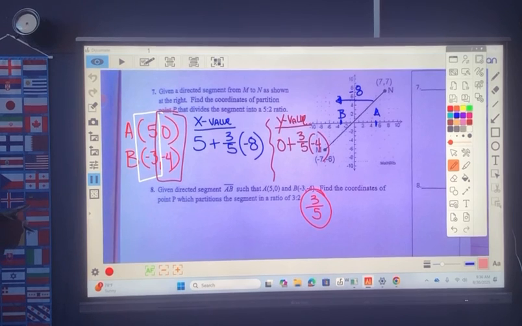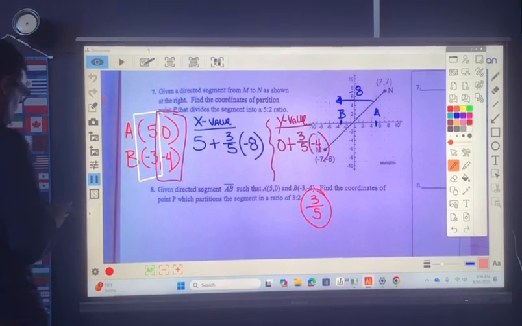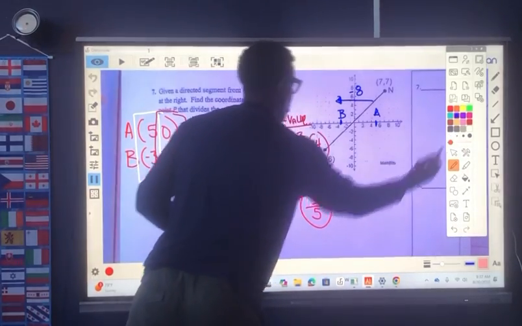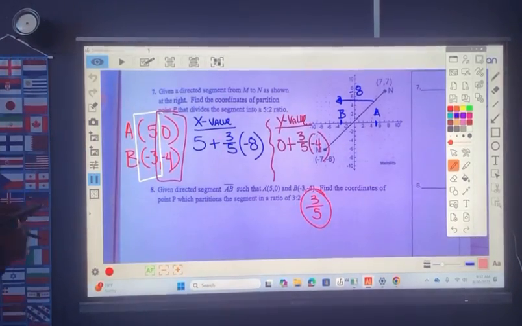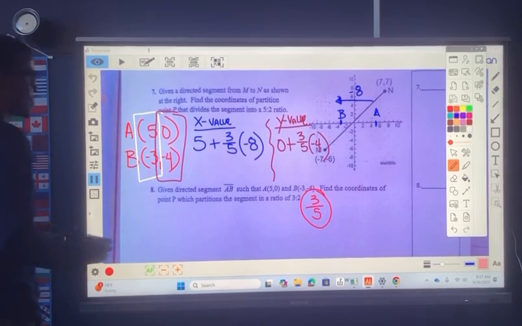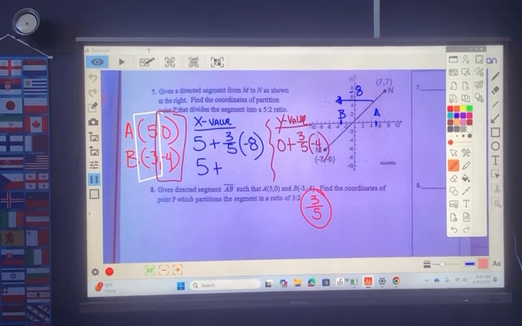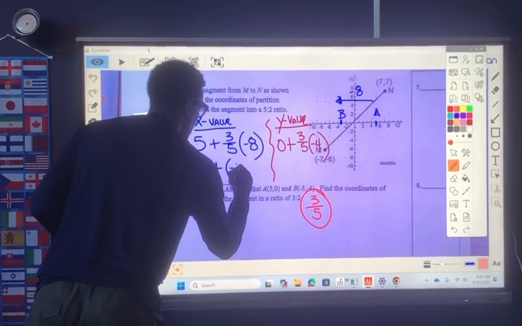So on the right side with the x values, you should be going what? -8 times 3 divided by 5 makes what? -4.8.